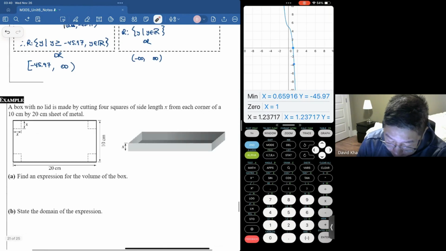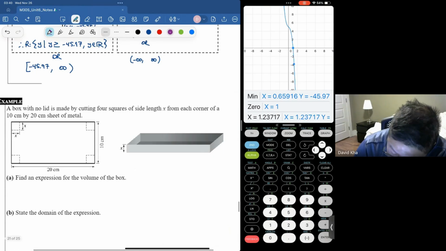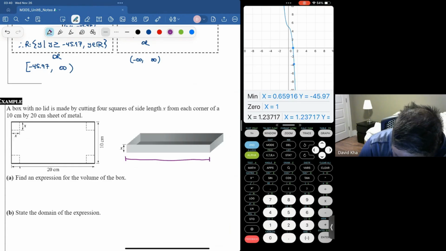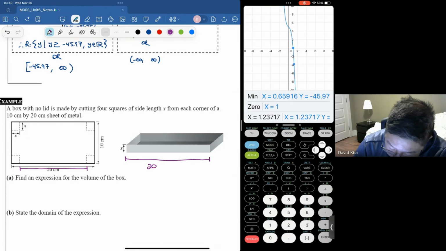So let's analyze the dimensions of this box. This dimension right here on the box matches this side length right there. Those two are the same. And so this dimension should be 20 minus this x right here minus another x, which is this x right here.